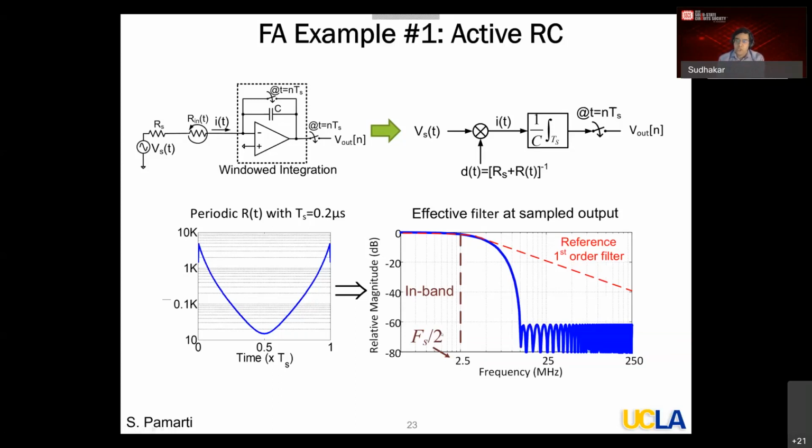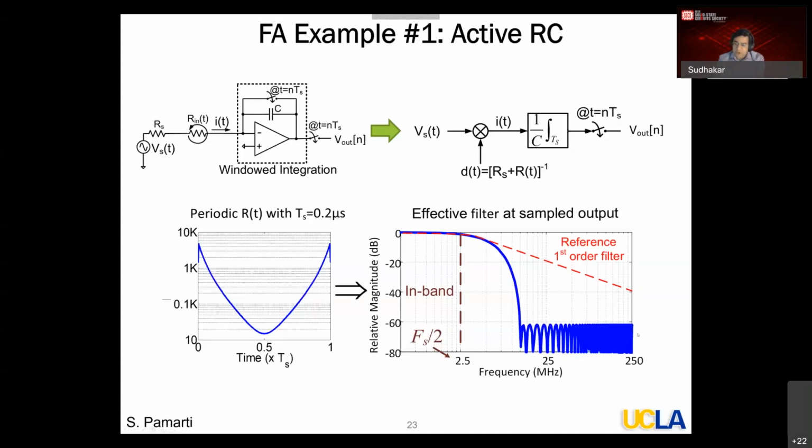So when the input is a sinusoid between 0 and 2.5, this is like a simple filter, and the filter response is the blue curve. But when the input is, let us say, at 51 megahertz, or some high enough number, that input sinusoid is going to see this effective filter given by this blue curve.